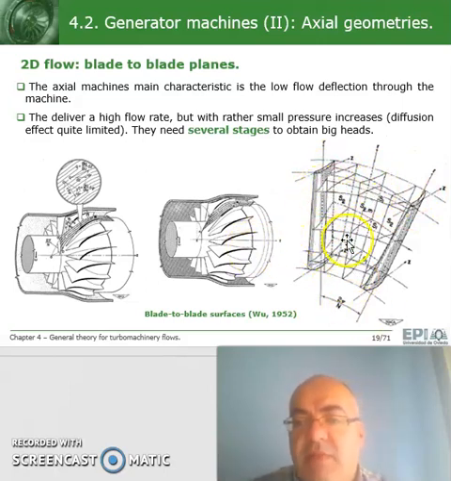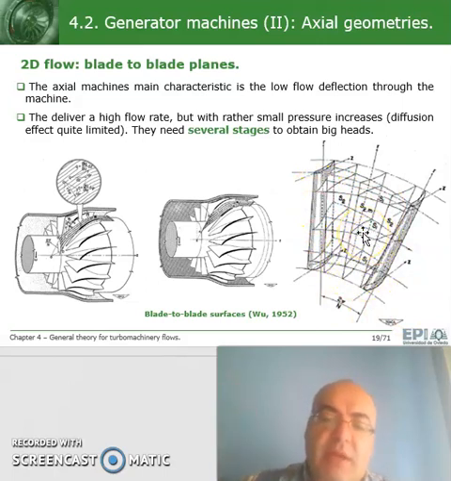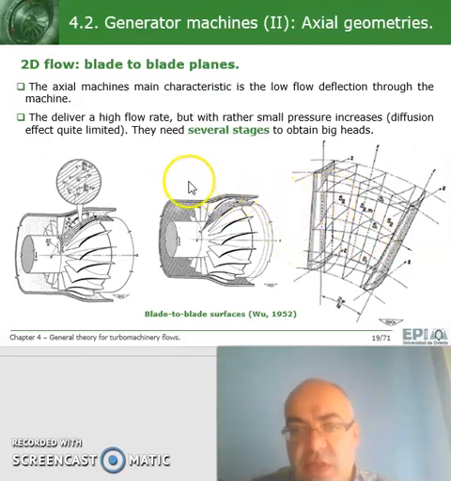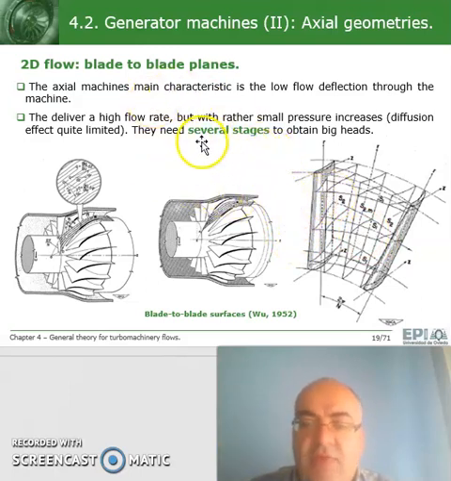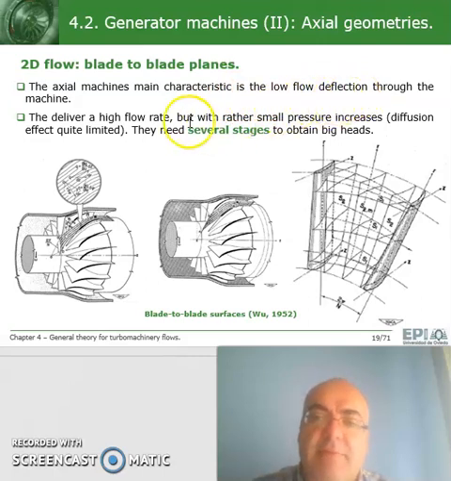We could split the flow in those two surfaces, and from that on there are several studies considering those two surfaces. The main issues of the flow are, however, kept constant also for the different studies: low flow deflection, relatively high flow rate and rather small pressure increase. So normally we have to use several stages.